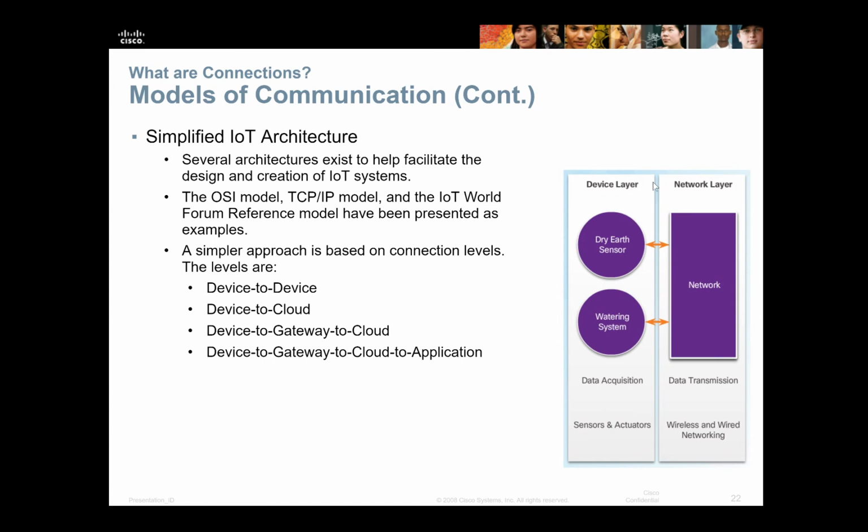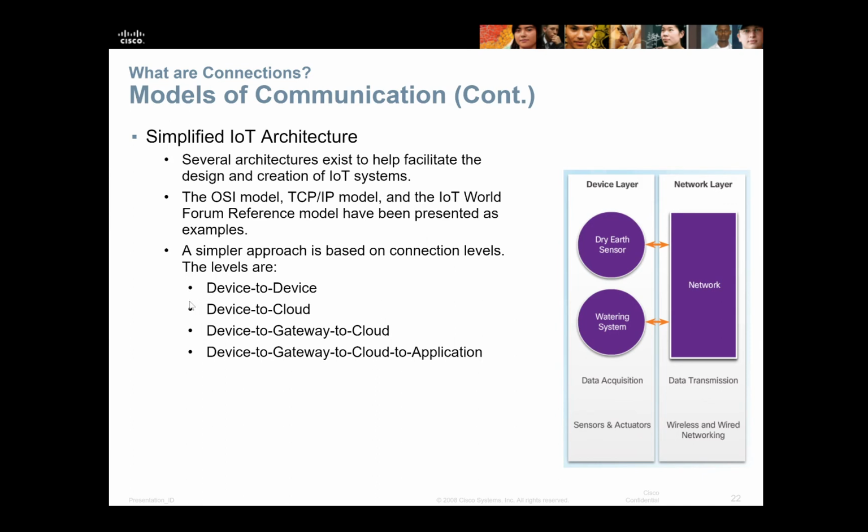So basically, this is the device itself. The model just gives you that in addition to the device layer, you have a network layer. So the device works as it worked 50 years ago. Now you just add a network into it. So that's in general the stuff.